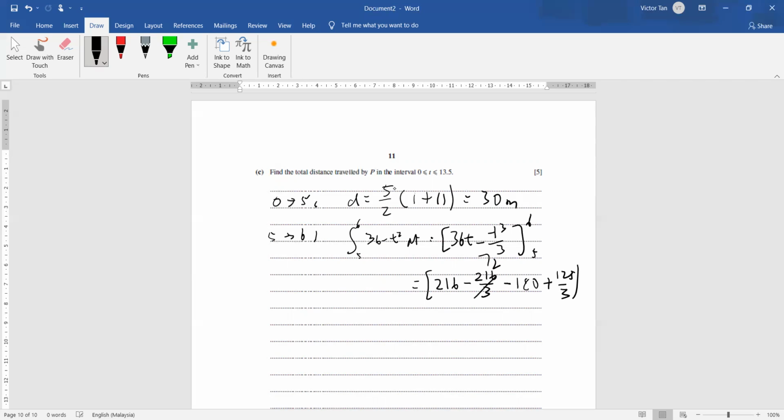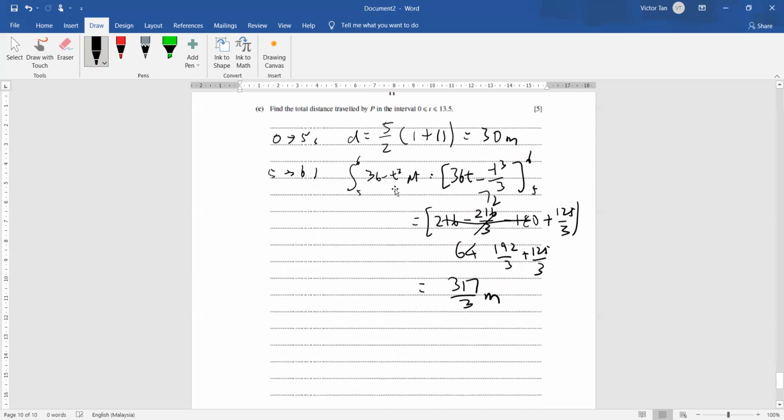This is 72, minus 180 is 252, 64. So this is 64, which is times 3, 192 over 3 plus 125 over 3. So the second part is 317 over 3 meters.